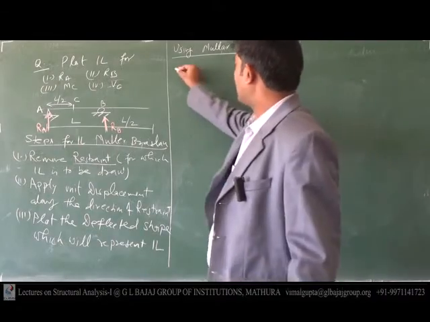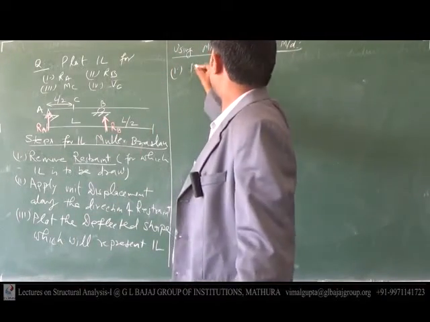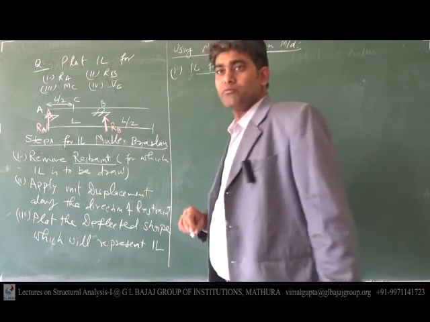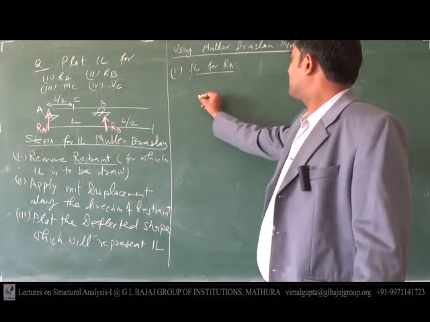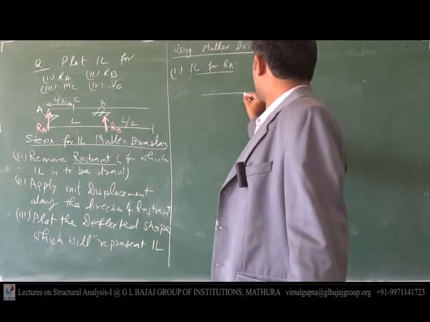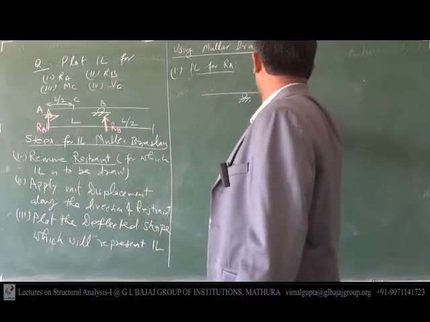So for IL for RA, make a beam. At point B there will not be any change.